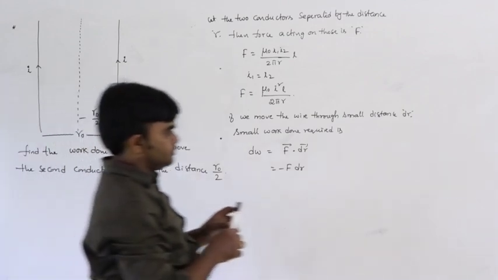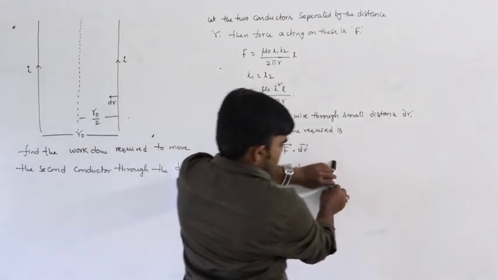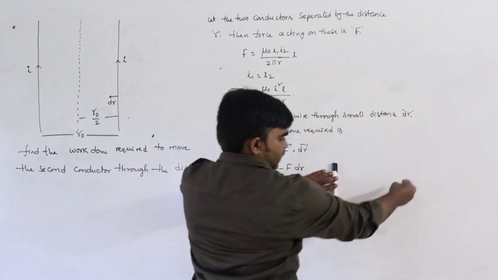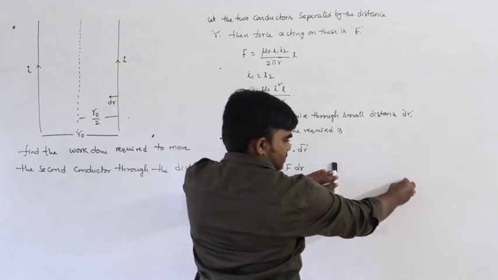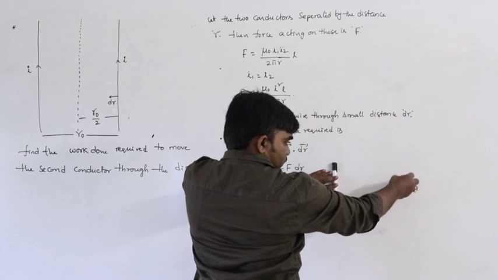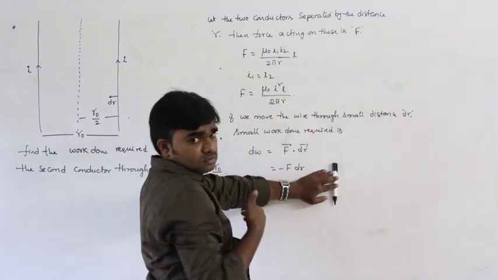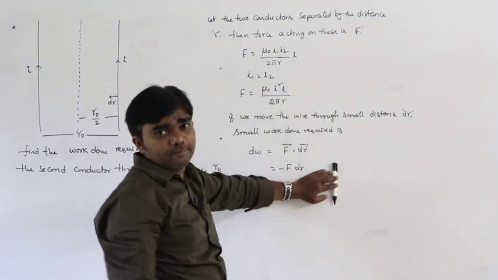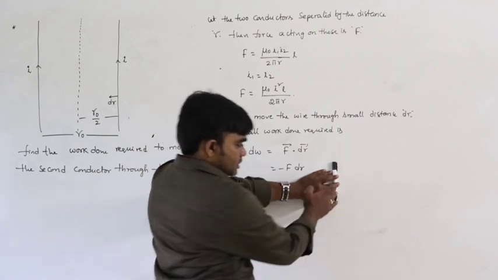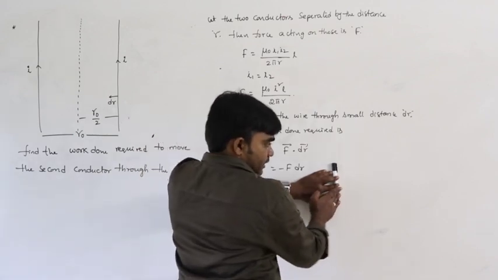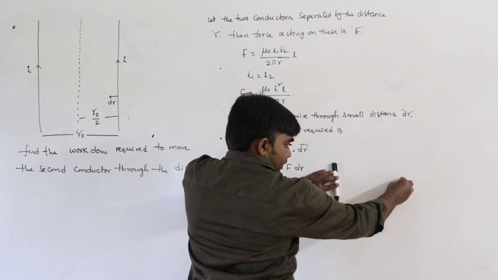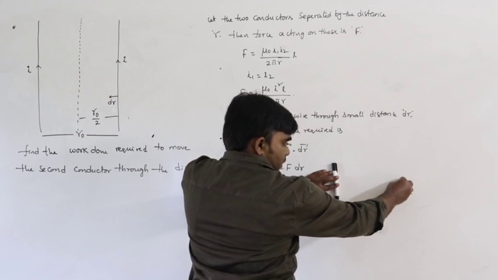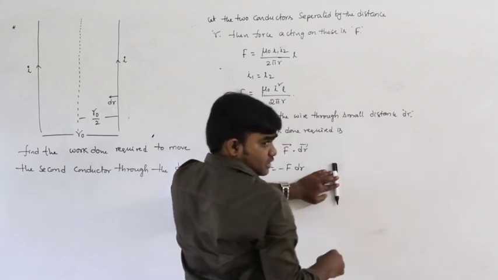For example, this is a magnet, and here an iron material is placed. If you leave it, what happens? It is attracted by the magnet, definitely. If you hold it, it does not move.